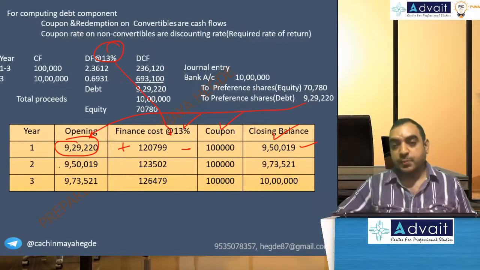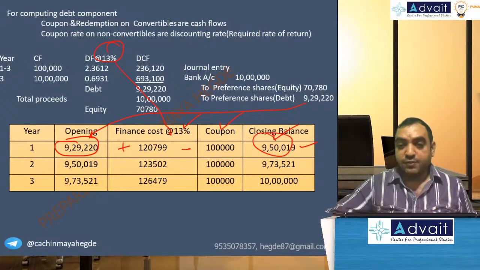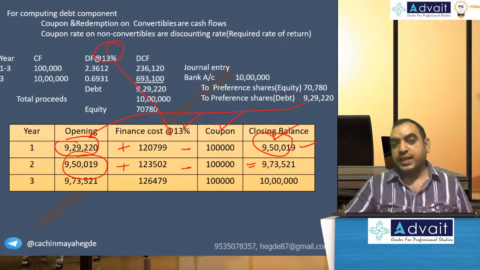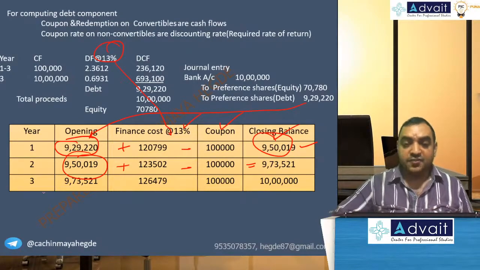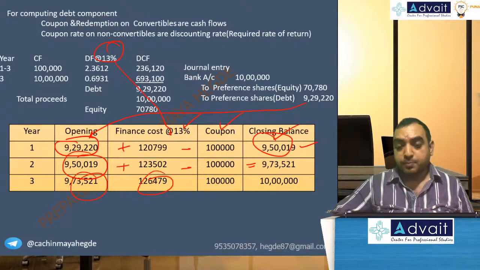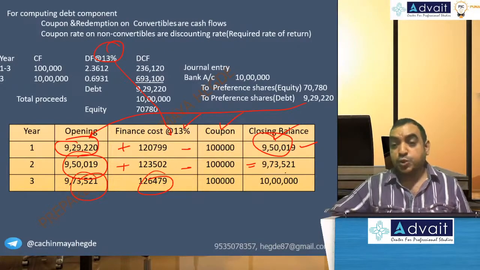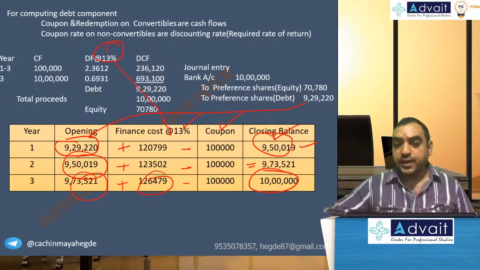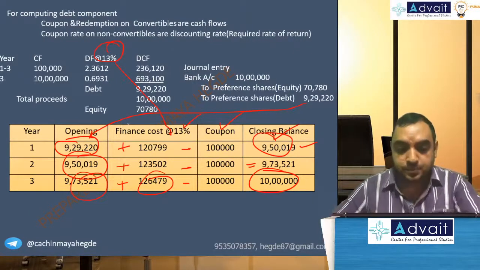Similarly, this 9,50,000 becomes the opening balance for next year, plus 13% interest minus coupon, that becomes 9,73,000, and 9,73,000 next year plus 13% minus 1 lakh should become 10 lakh. But the last year may not be exactly 10 lakh because of rounding off issues, so I'll do it as a balancing figure and I should get exactly 10 lakhs.